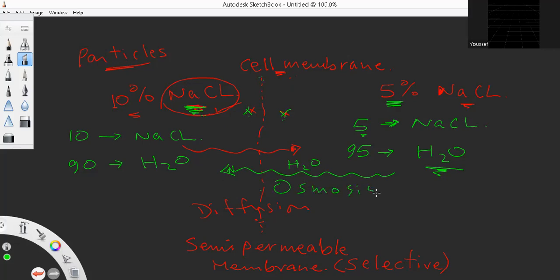So what is osmosis? It is the transport of water from high water concentration to low water concentration, from high water gradient to low water gradient.